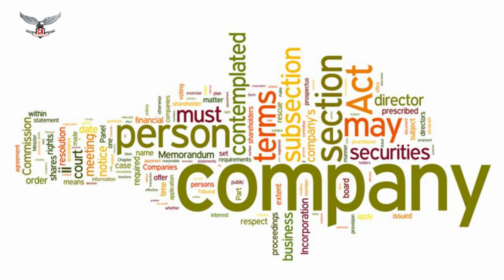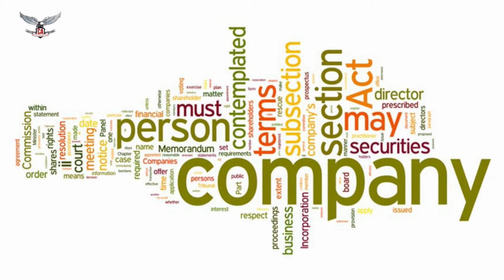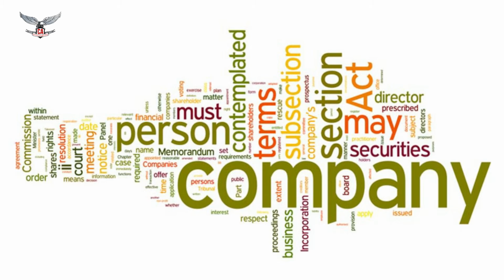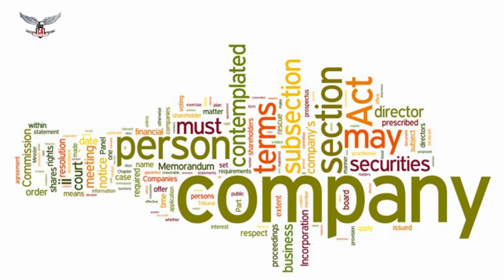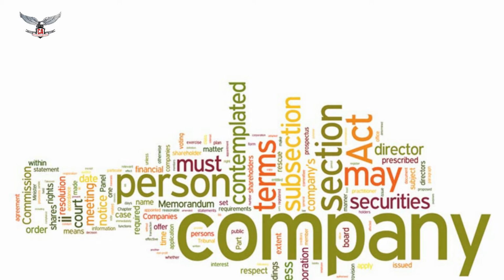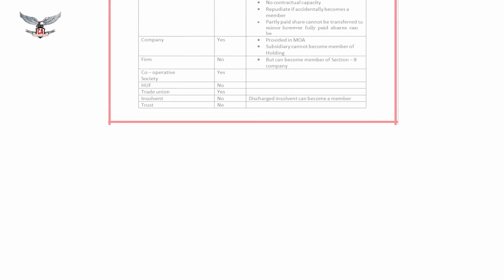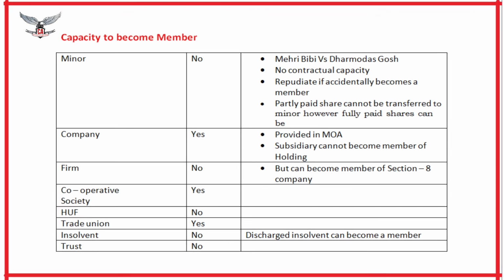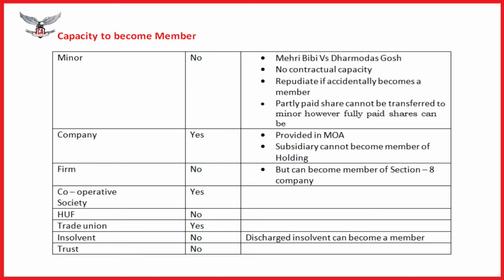The provision says that no company shall directly or indirectly purchase its own shares or other specified securities: A. Through any subsidiary company including its own subsidiary companies, or B. Through any investment company or group of investment companies, or C. If a default is made by the company in repayment of deposits or interest payment thereon, redemption of debentures or preference shares or payment of dividend to any shareholder or repayment of any term loan or interest payable thereon to any financial institutions or banking company.